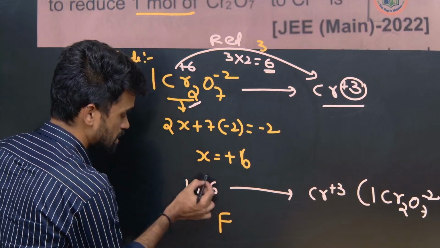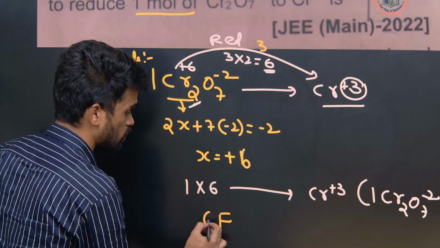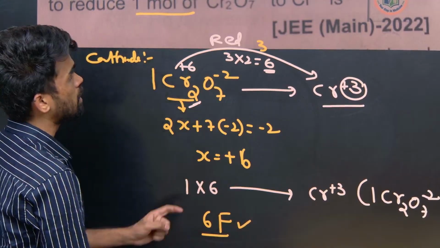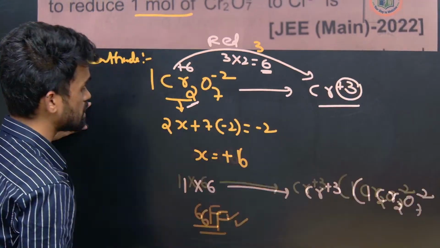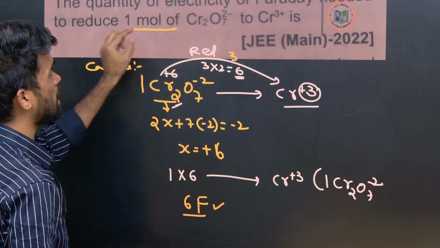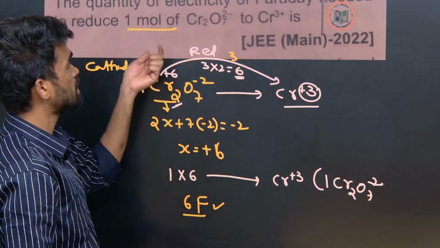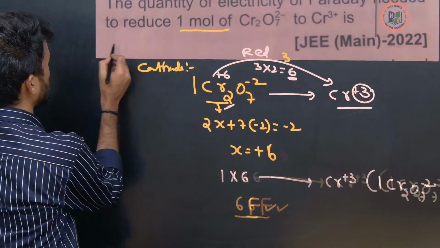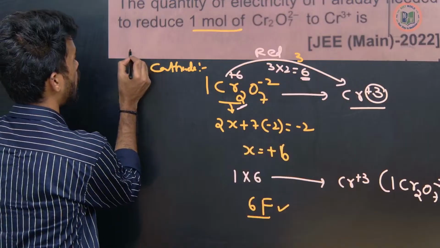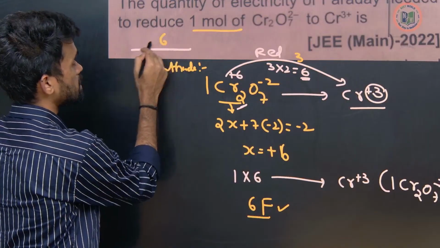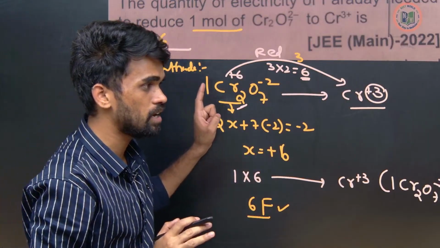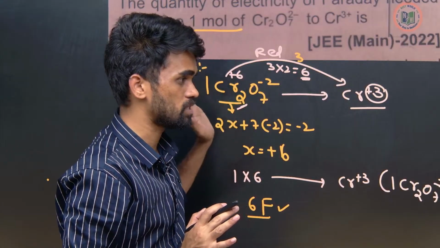So 6 moles of electrons means 6 Faraday is required for 1 mole. So what is your answer for this? 6 Faradays are required. If it is a NEET question, you need to give the answer, right? So here you can type 6 as your answer. Hope this is clear now. Yes, if any confusion you can ask me.